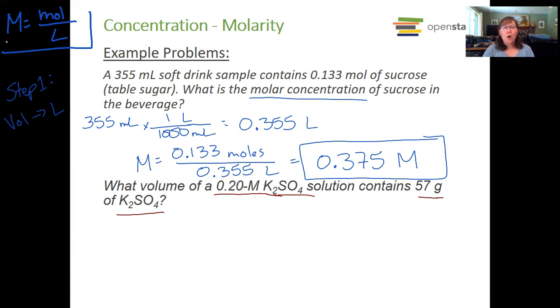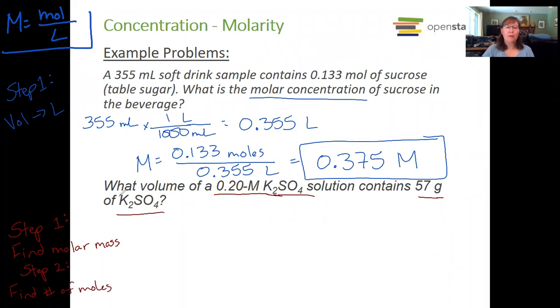So remember, molarity is moles per liter. So our step one for this problem is to find our molar mass. And our step two will be to find our number of moles.